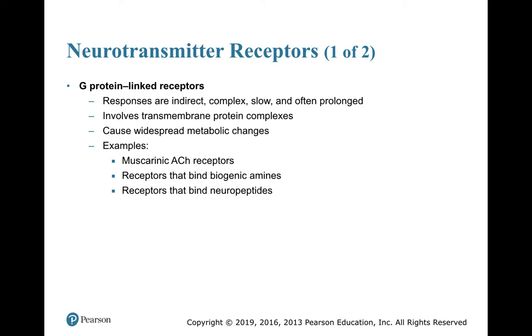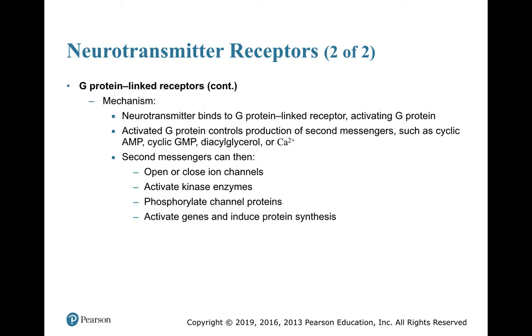bind neuropeptides. The mechanism for this to work is the neurotransmitter binds to the G protein linked receptor, activating a G protein. That activated G protein controls the production of second messengers. Those second messengers can be things like cyclic AMP, cyclic GMP, diacylglycerol, or calcium.